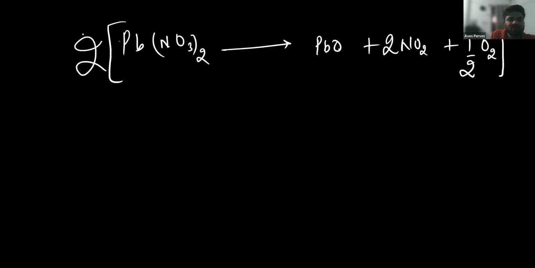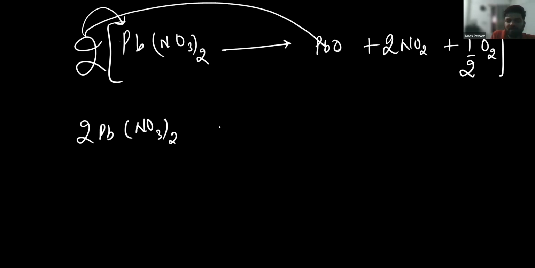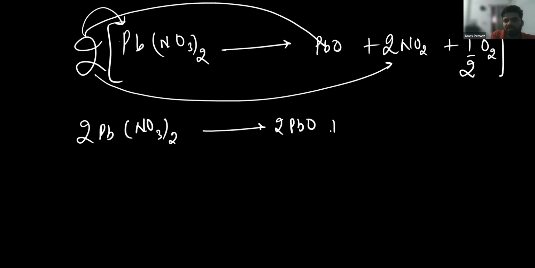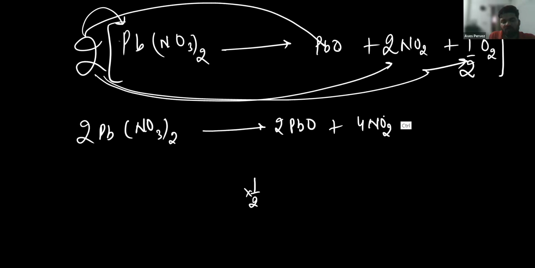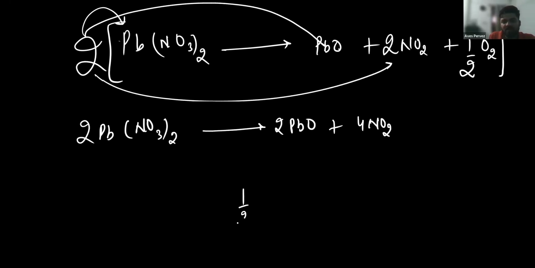So you will get 2 Pb(NO3)2, which gives 2 PbO, 4 NO2, and the half multiplied by 2 cancels out, so you can write O2 only.